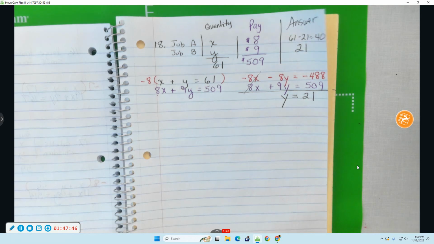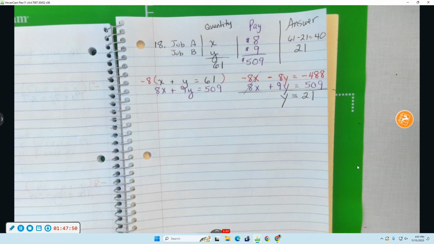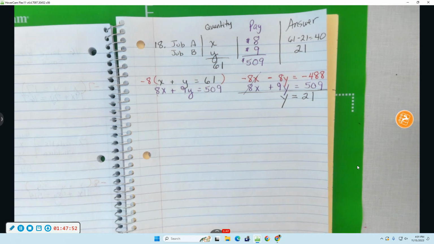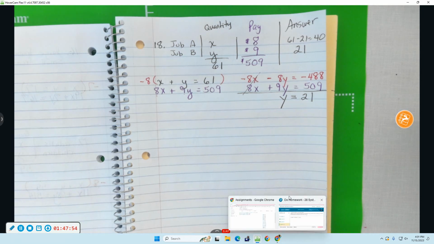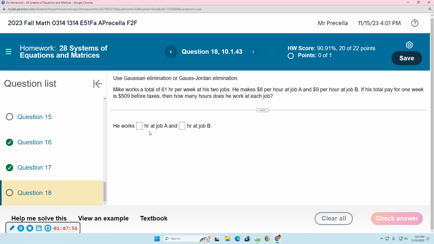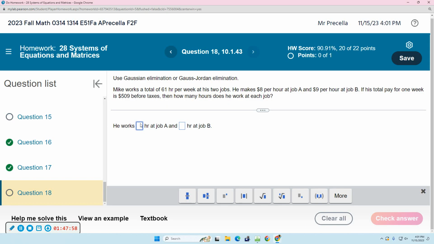I guess if you're paid cash. Yeah, okay. Well, still, so punch in the answer. 40 for job A and 21 at job B. So he worked 40 at job A and 21 hours at job B.